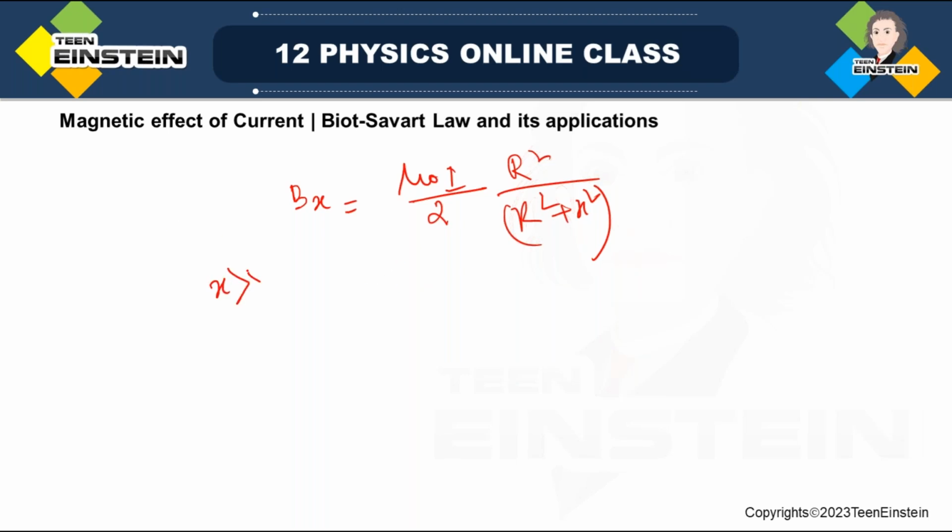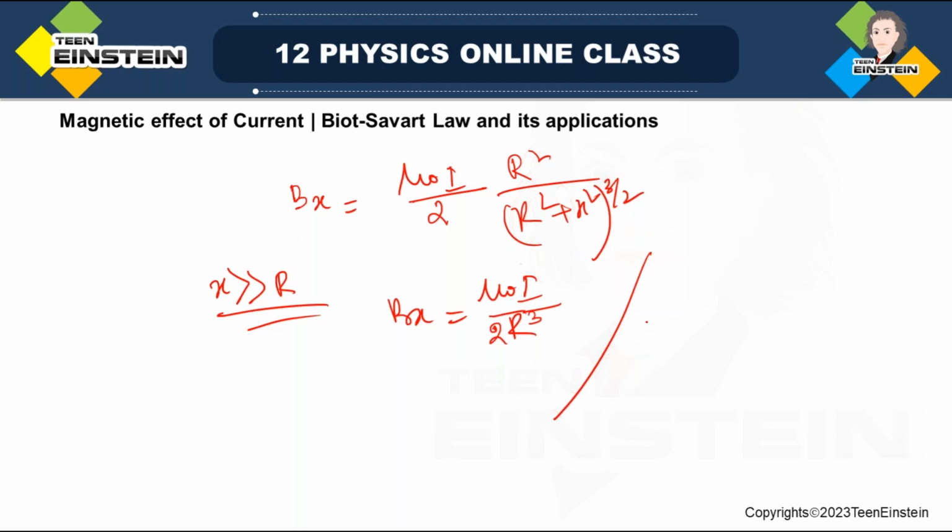When x is much greater than r, in that case Bx is mu 0 I by, and this was actually 3 by 2, so this will be cube, and one r square was there, so 2 r cube.